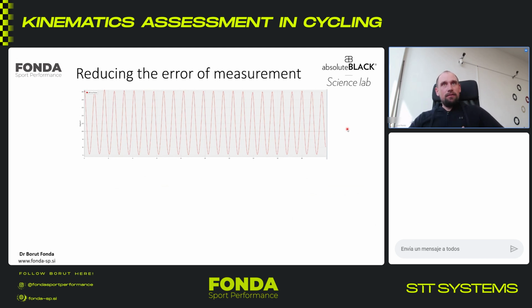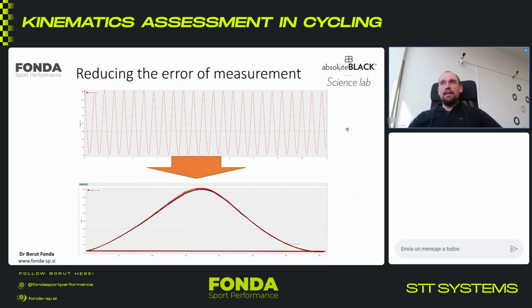But what every software should do, and this is actually a screenshot from the STT software, it should take a so-called ensemble average. So it should cut the cycles, all those cycles that we see, basically when the crank is traveling up and down, I mean in circles, should be cut and plotted one against each other on a scale from 0 to 360-degree crank cycle.